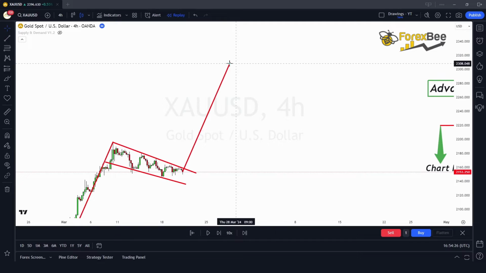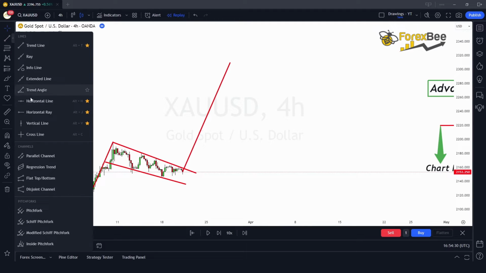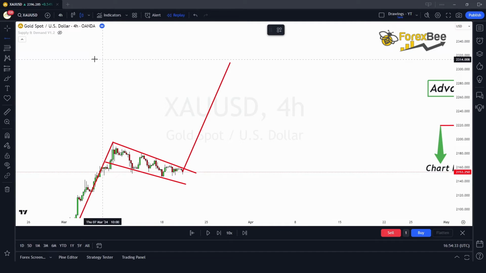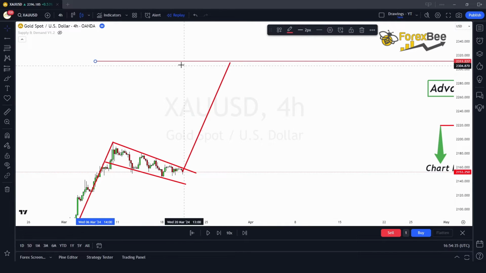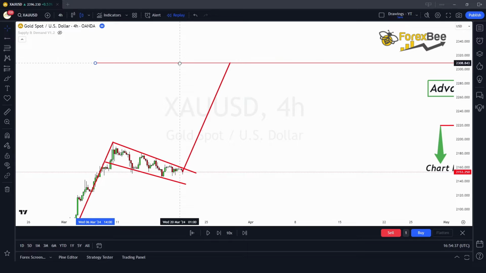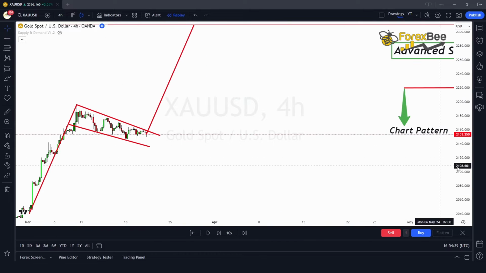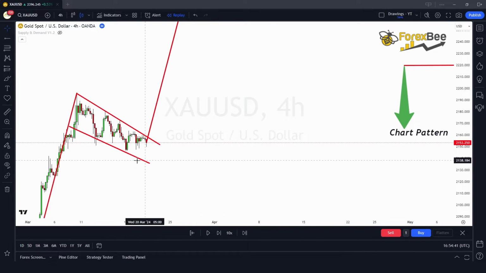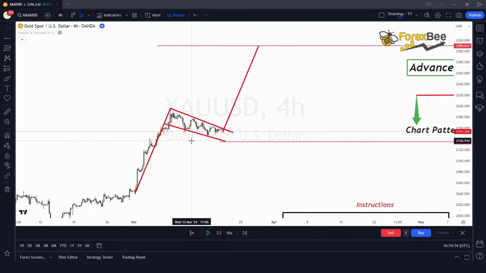This level here is going to be our target level, so we're going to mark it as our target. And our invalidation level is going to be where the price breaks out from the lower end of this flag. So our invalidation level would be here. Now we have marked our invalidation and target levels for this pattern.